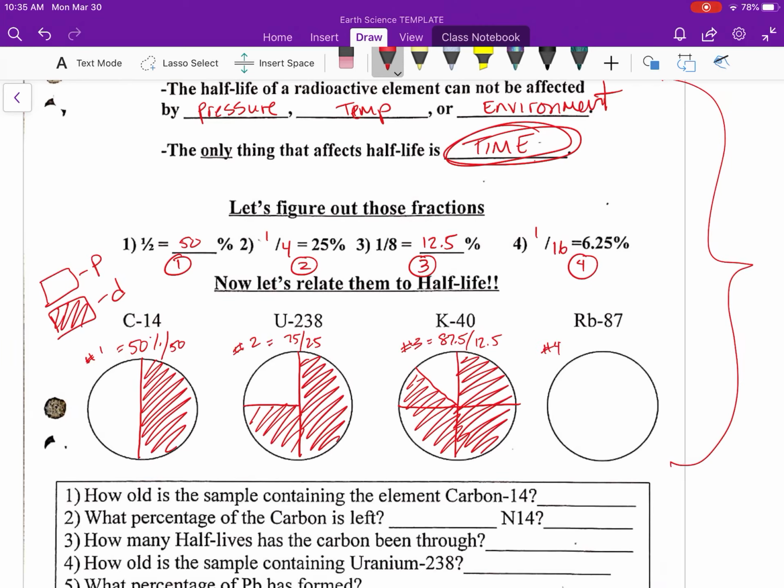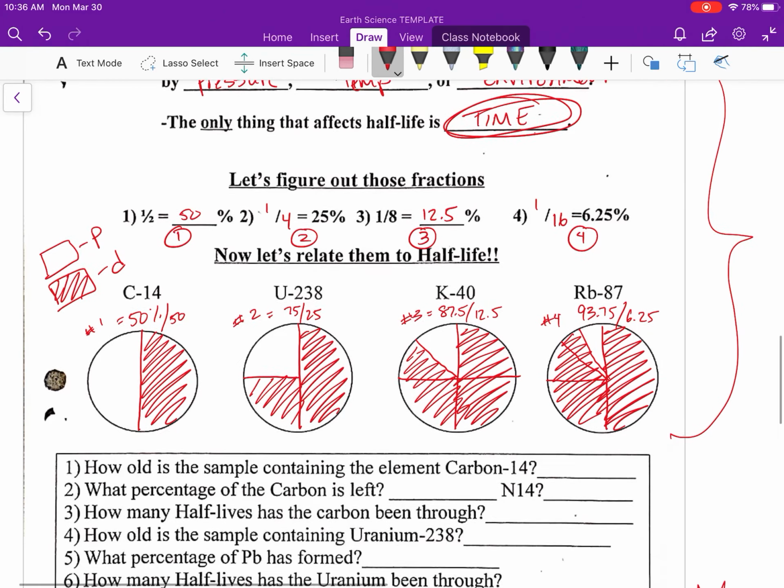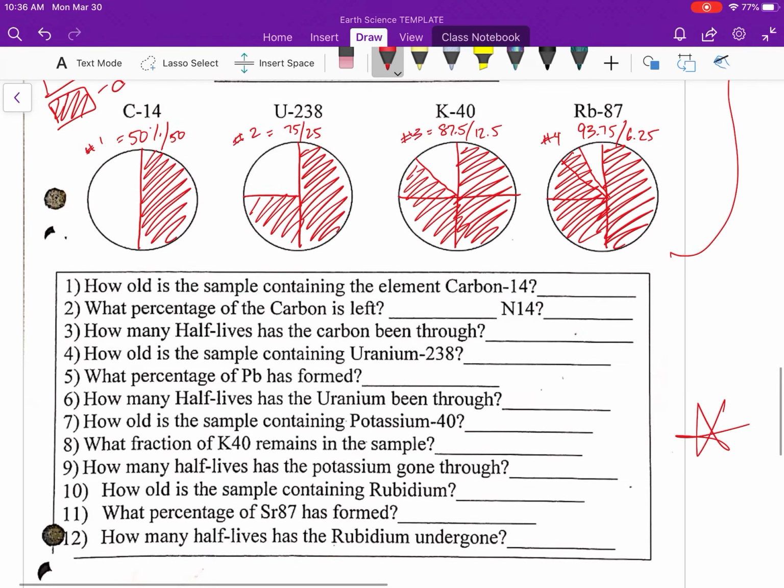Now 4 half-lives is going to be your 93.75 and your 6.25. 1 half-life, 2 half-lives, 3 half-lives, 4 half-lives. Notice, as time progresses, daughter increases and the parent is decreasing.